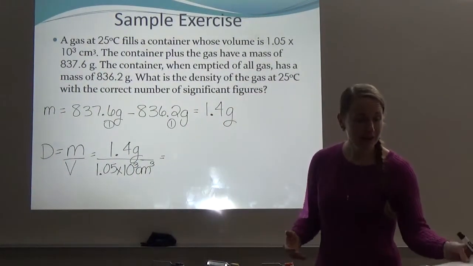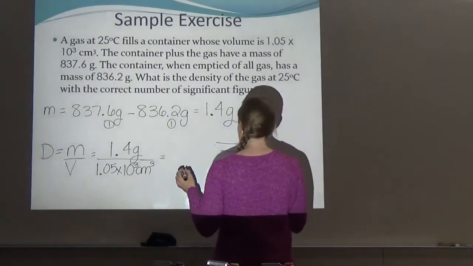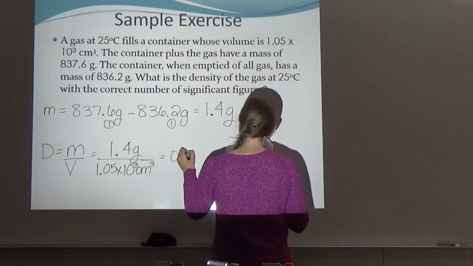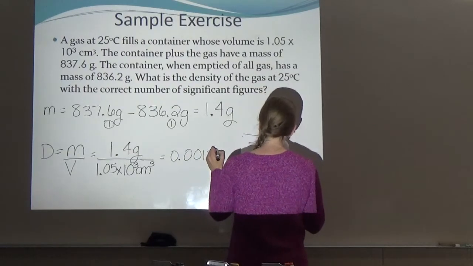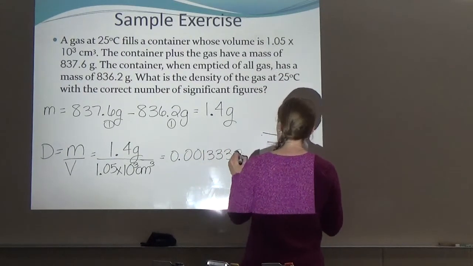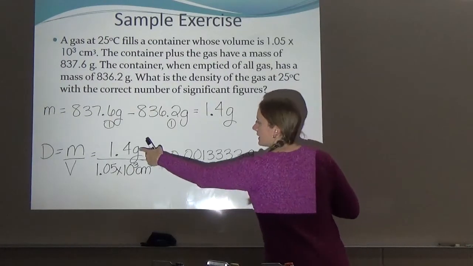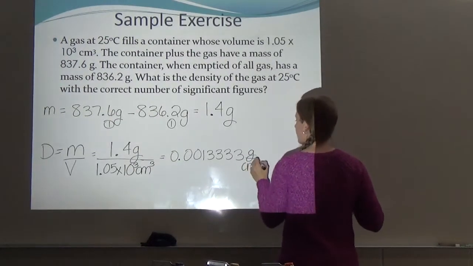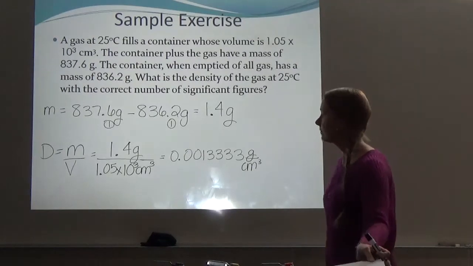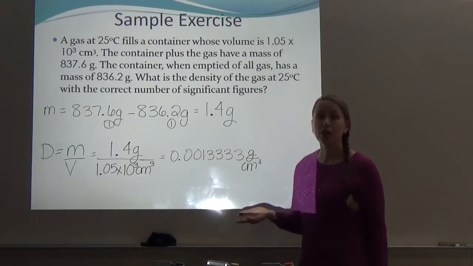When I divide, the answer my calculator gives me is a super long one. It's just a whole bunch of threes, so 3 repeating. And notice my unit will be grams per centimeter cubed. Now I need to figure out where to round.